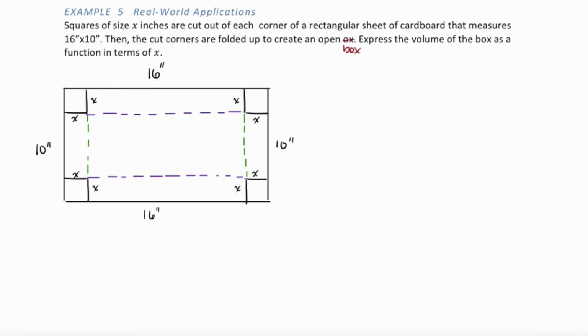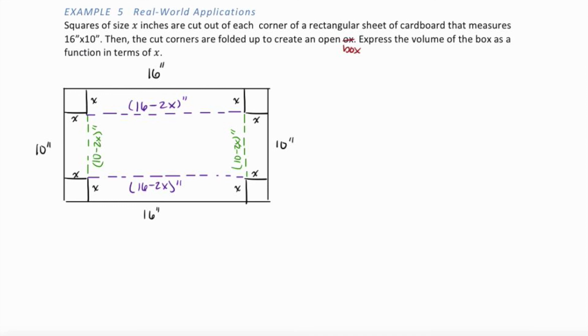Well, I know for the longer segment, I have 16 total, and I'm going to subtract an x and then subtract another x. So this length here is 16 minus 2x inches. This one here is also 16 minus 2x inches. Now for the vertical segments, again, I have 10 inches total, and I subtract this x and this x. So this here measures 10 minus 2x inches, and here I have 10 minus 2x inches.